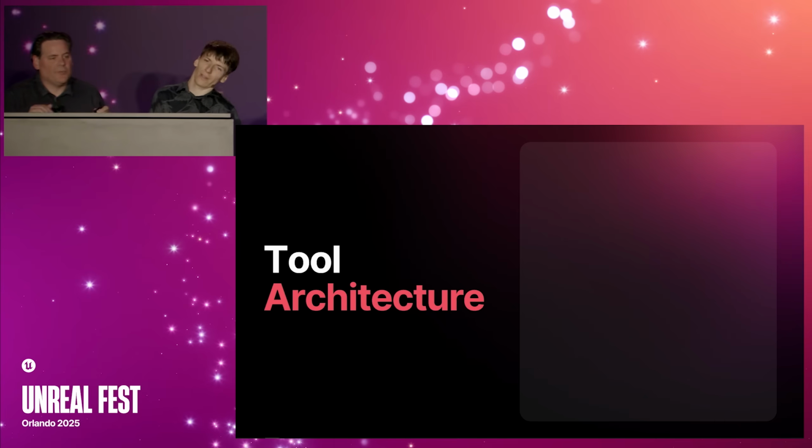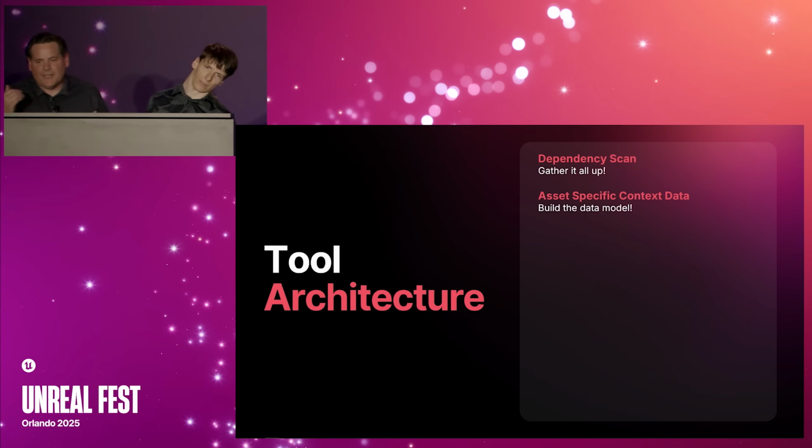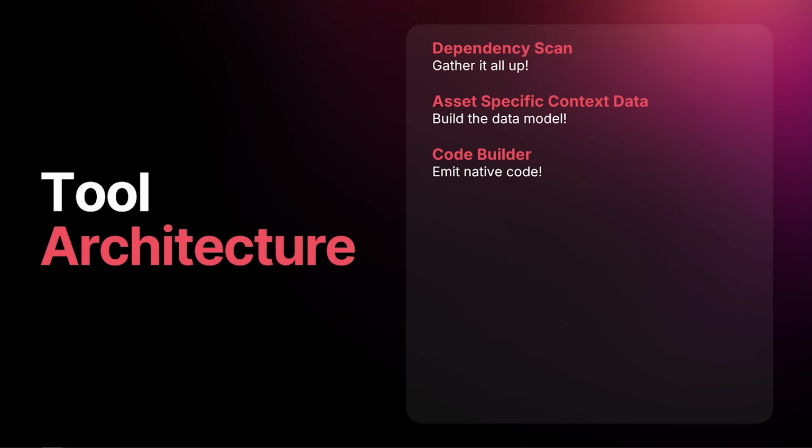But yeah, good call. So regardless of what your specific needs are, you should break your tool into 7 discrete parts, okay? Dependency scan: again, gather up everything that needs to be converted. Asset-specific context data: build that data model, right? Code builder: you have the context, you have everything you need to know to create a native class. Make that native class, or classes, frankly.